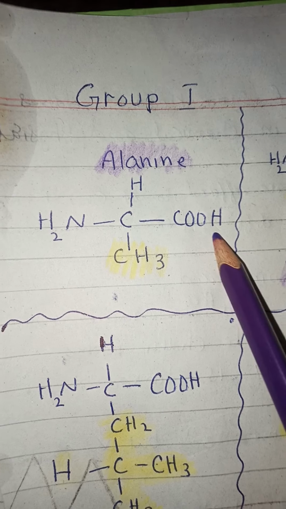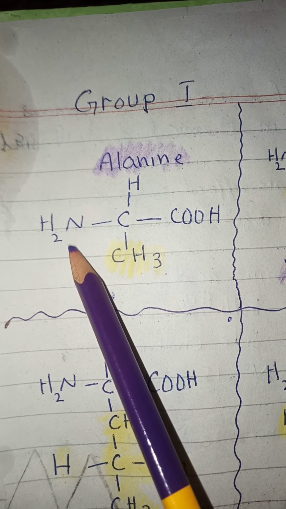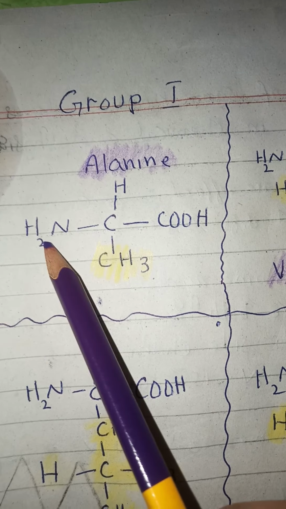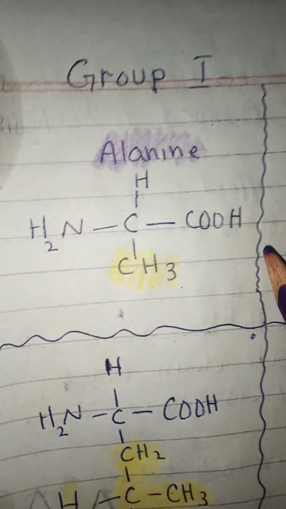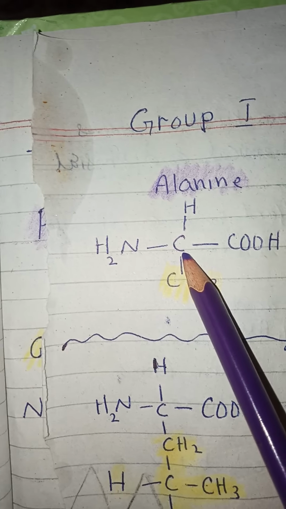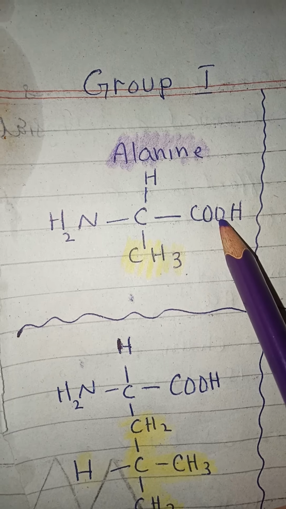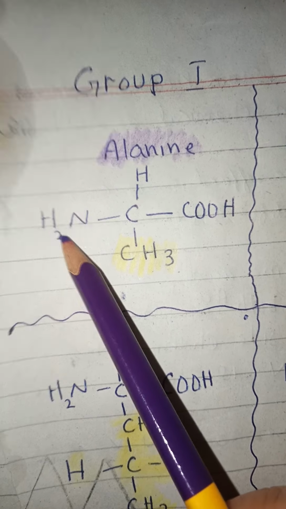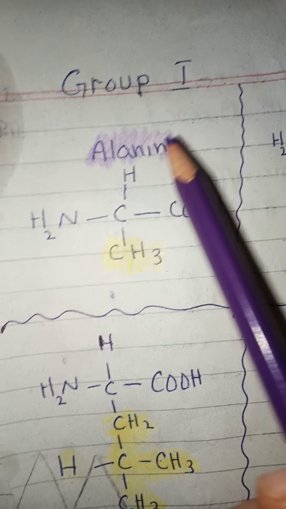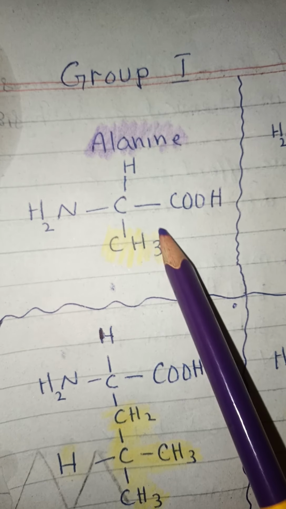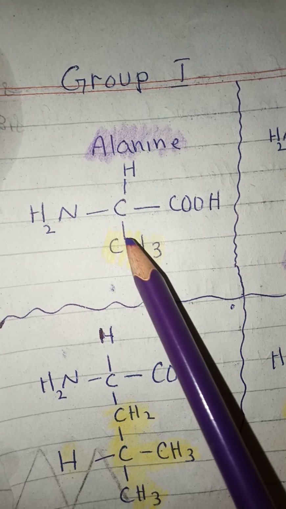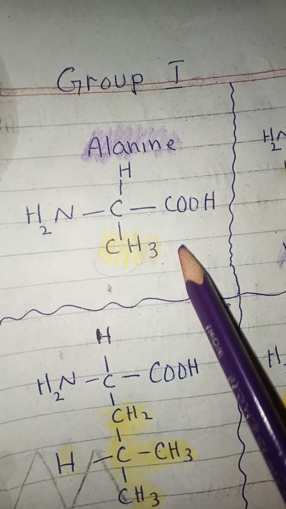It is attached to a carboxylic group and an amino group, hence we name it amino acid. This is the amino group, this is the acidic or carboxylic group. Alpha carbon is attached on one side to the carboxylic group, on the other side to the amino group, and on one side to hydrogen. And in alanine, the R group is the methyl group. This is the basic structure, and this is the R group.